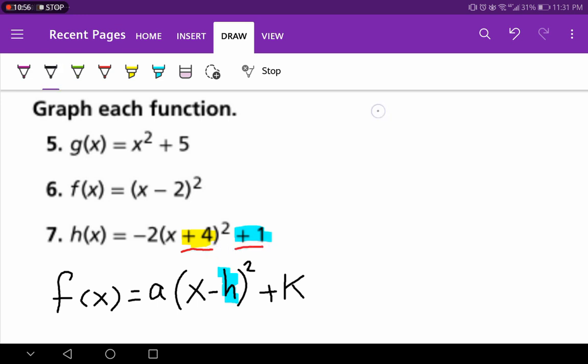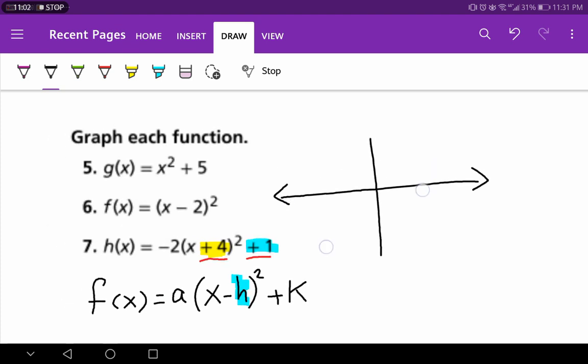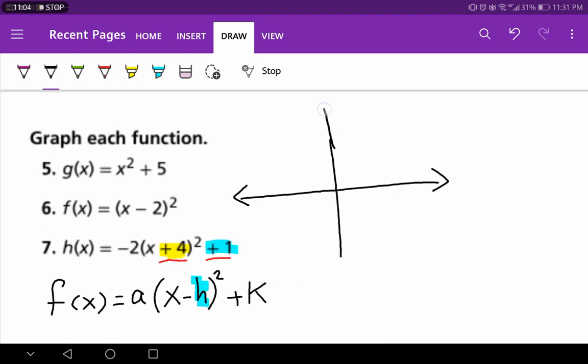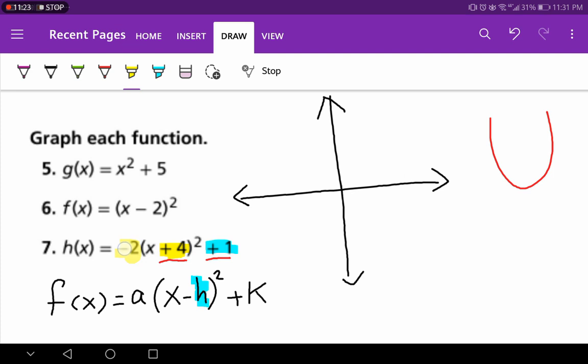Let us try to graph it. This is the x and the y coordinate. Now this is my parent. And as you see here, my dear student, a is -2.